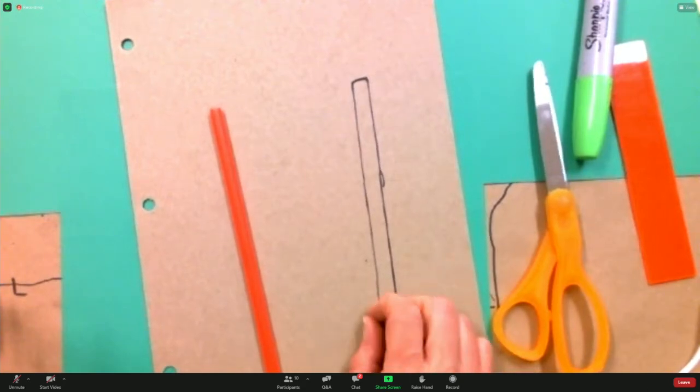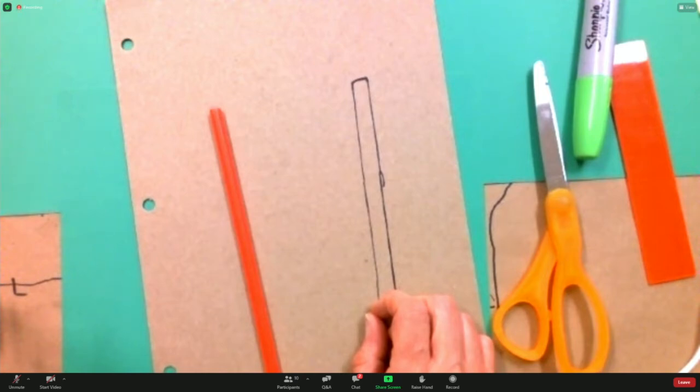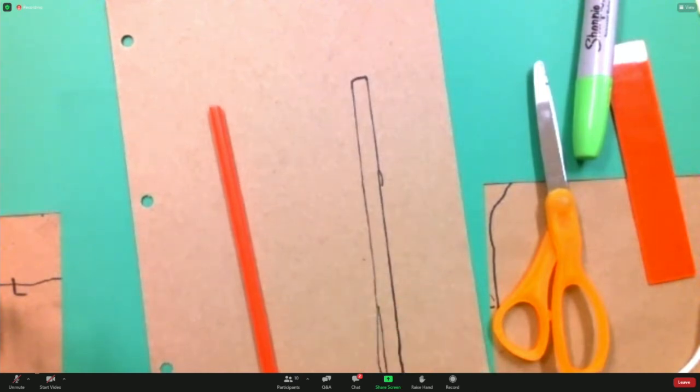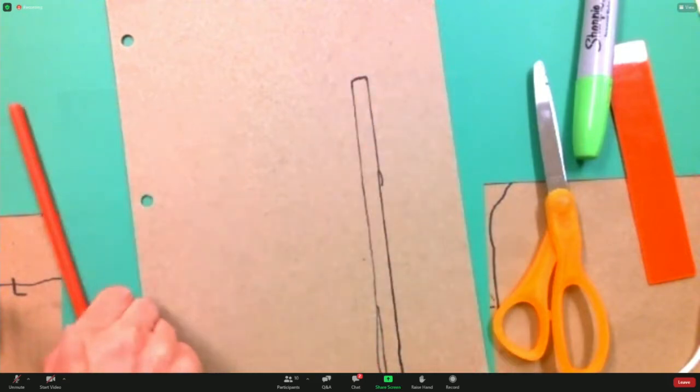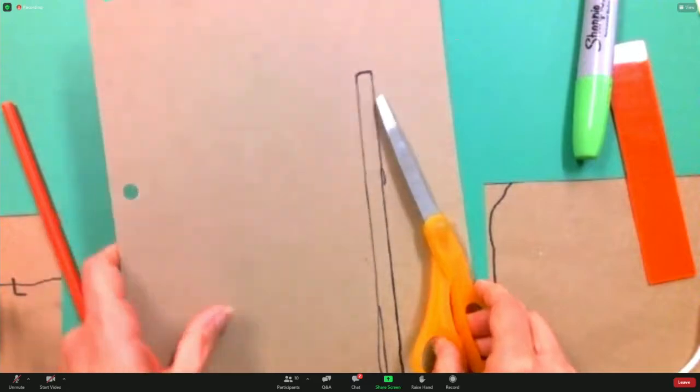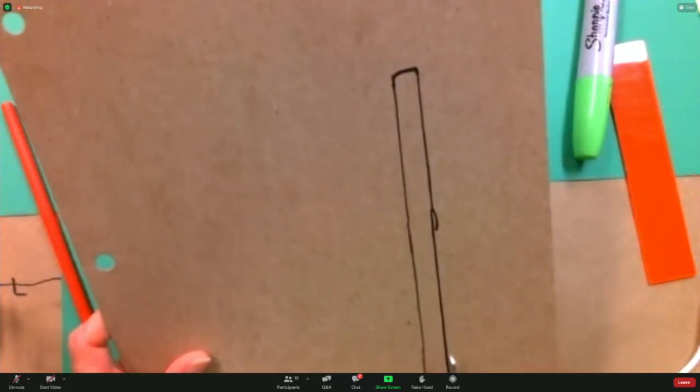I want it to be something rigid when I'm looking at center of pressure, because I have to do something with this after I'm done cutting it out. All right, so this is the shadow of the straw on the cardboard, and I'm going to cut it out.